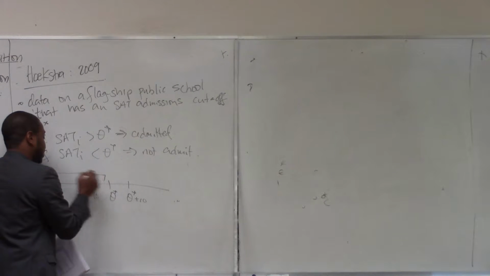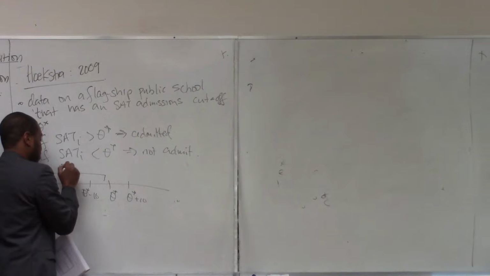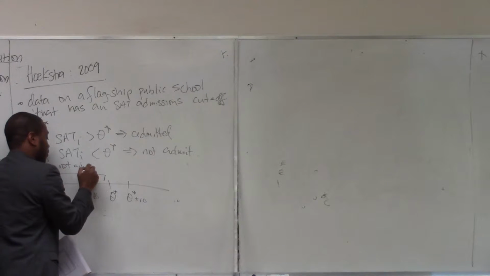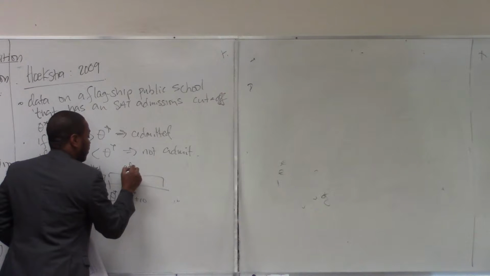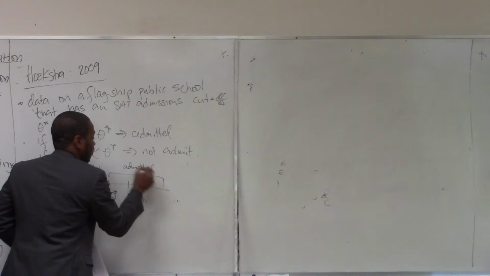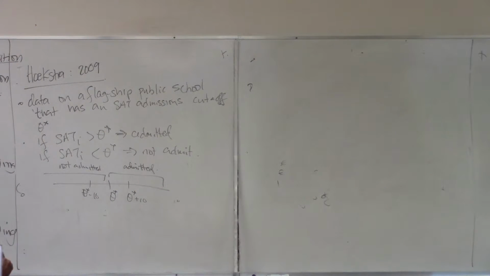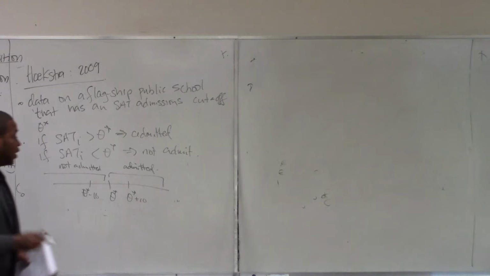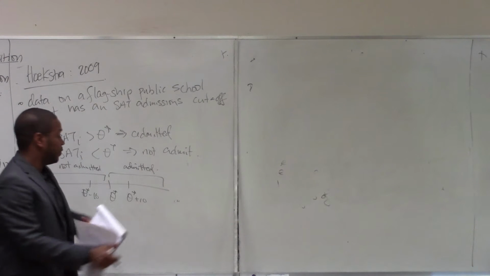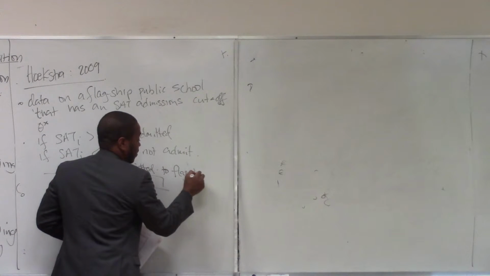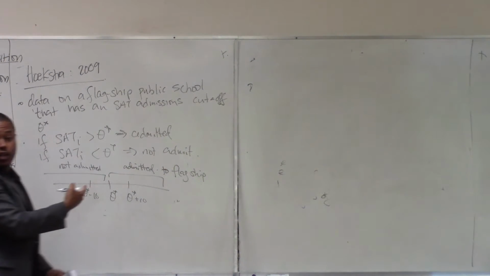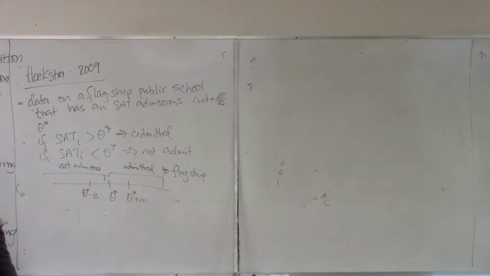These guys here are going to be not admitted. These guys here are going to be admitted, right? These guys are admitted to the flagship. And these guys are probably going to go to a non-flagship, because they're not admitted at the flagship.